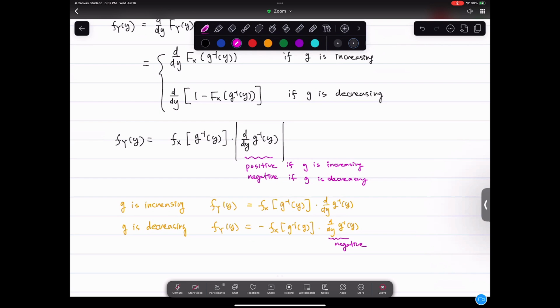So what we're trying to do is that's negative. We have a negative in front together. It's positive, so I can just make it to be absolute value and drop the negative. So that's what it is. That makes sense? I can make it in a single formula in a sense to get the PDF.